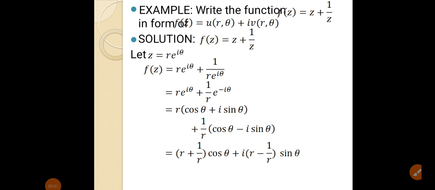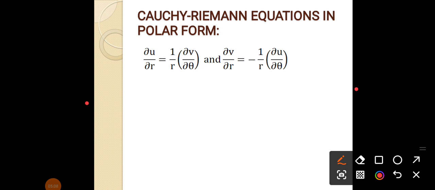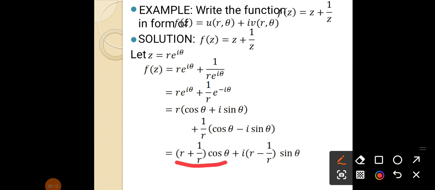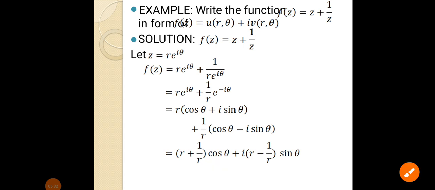Then we get r plus 1 upon r, and cos theta is common in both terms. The second is our imaginary part, with i common, then r minus 1 upon r into sin theta.